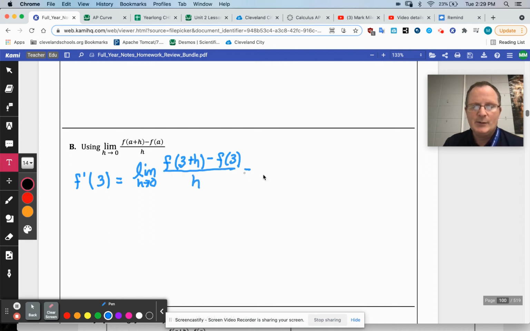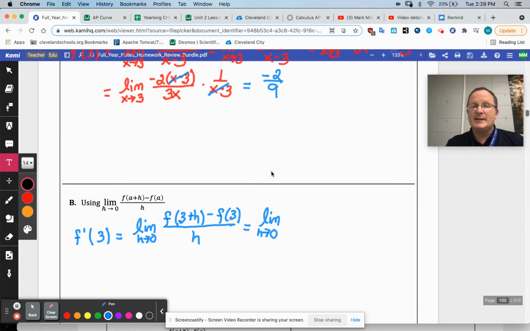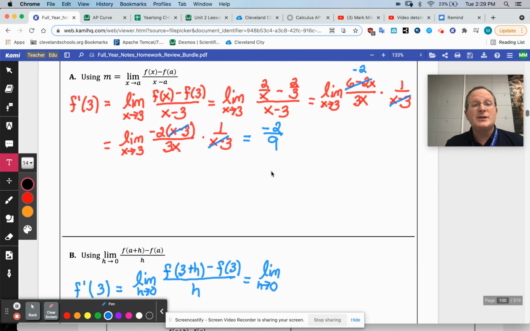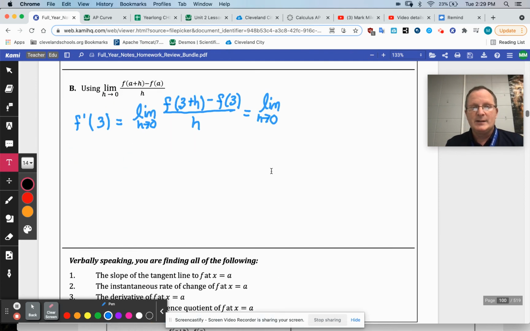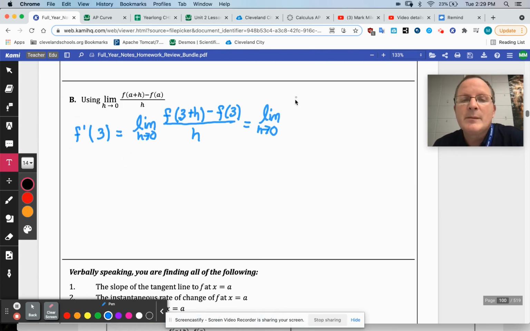All right, so this is equal to the limit as h approaches 0. And now remember, our function is 2 over x.